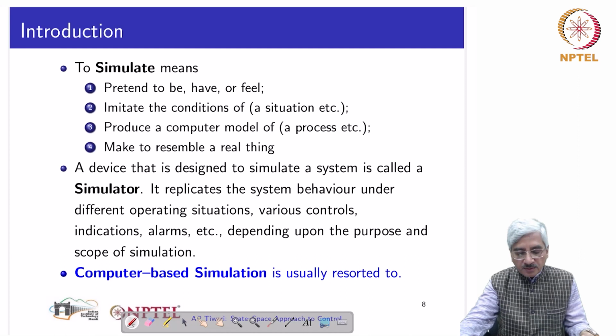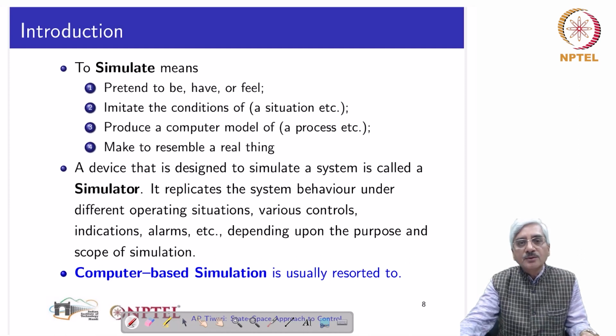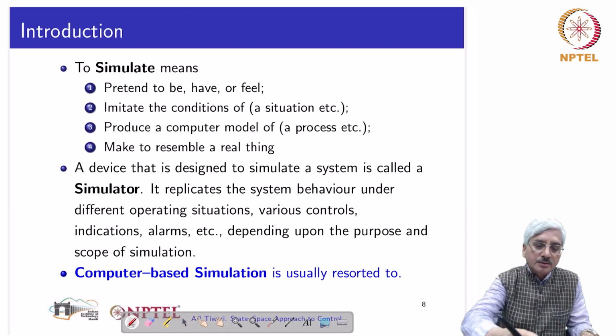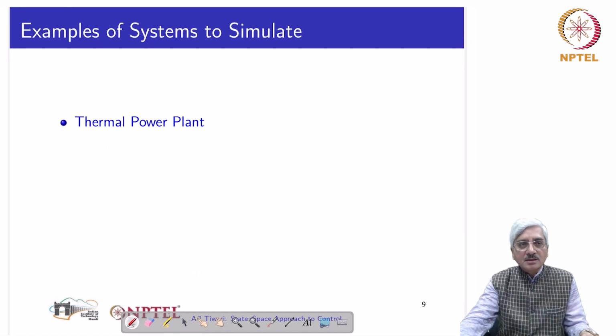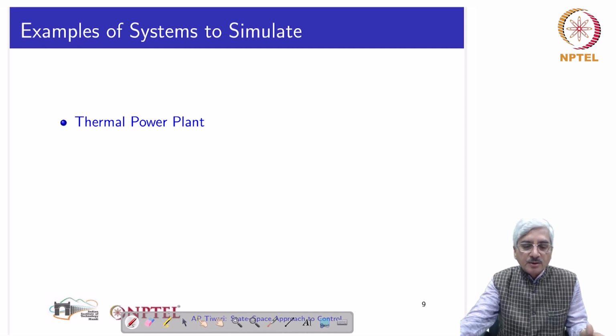This computer-based simulation is something which is usually resorted to. The systems we generally simulate are complex systems. We don't make simulators for simpler systems which are easy to see, which are available, low cost, and they can be seen by anybody anytime. So we don't make simulators for just everything.